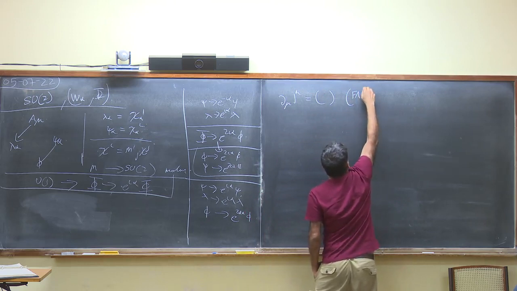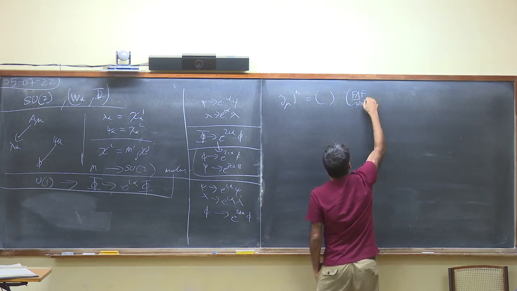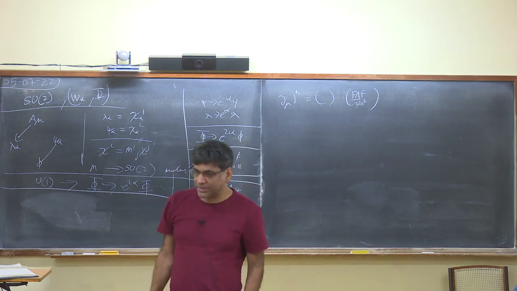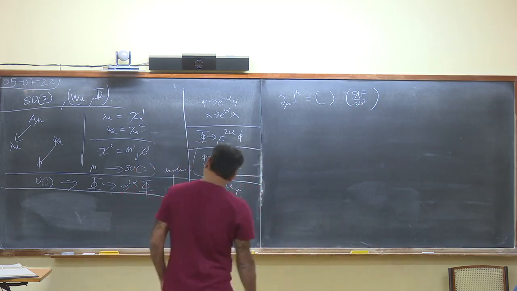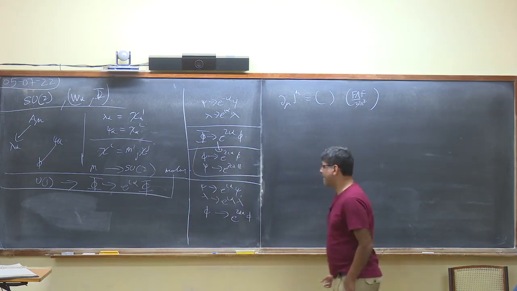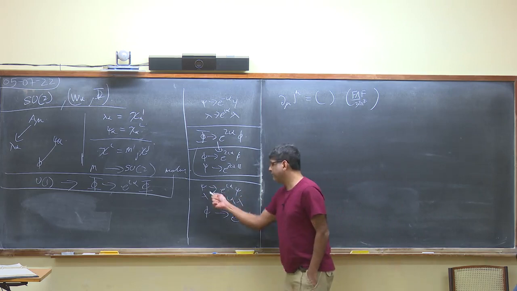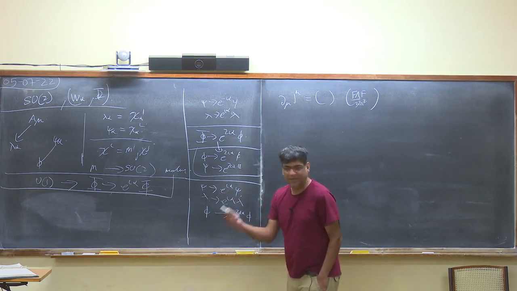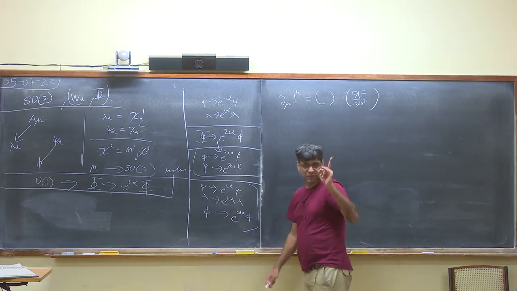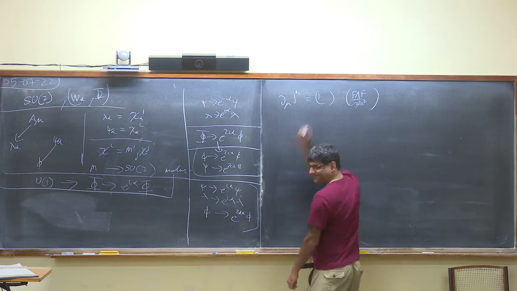That number, now we are very good at computing. This anomaly came because each of these chiral fermions under this symmetry has charge 1, so there's a 1.